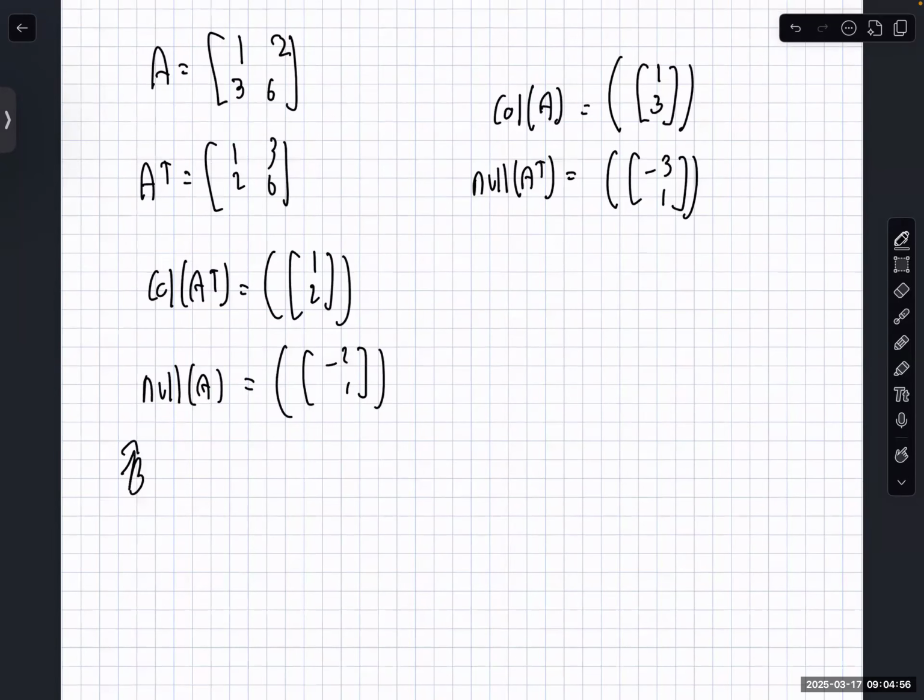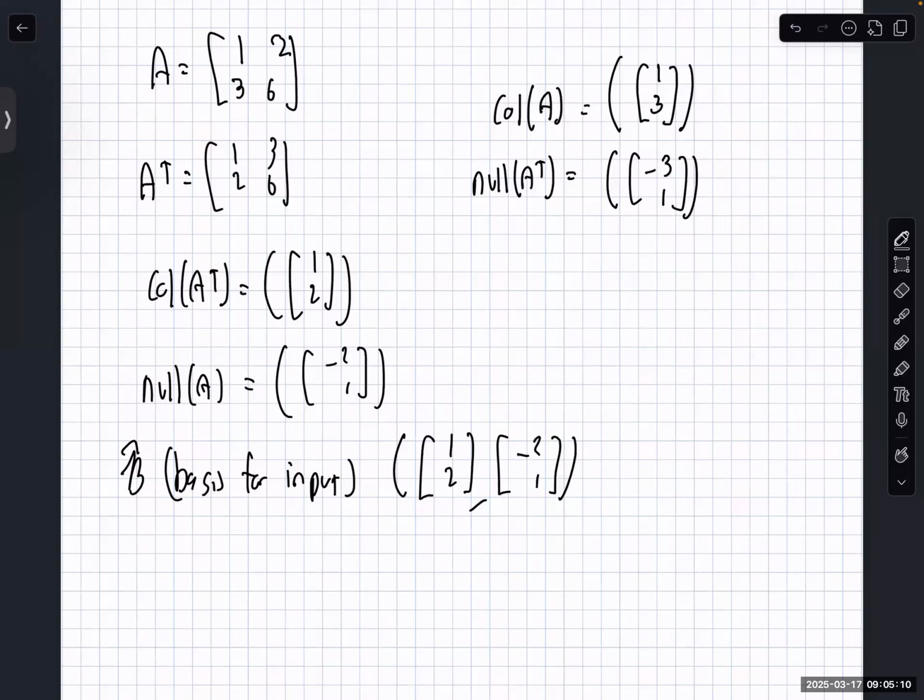Call it B hat. The basis for the input space, it's going to look like this. And I'll call it B double hat, the basis for the output space.